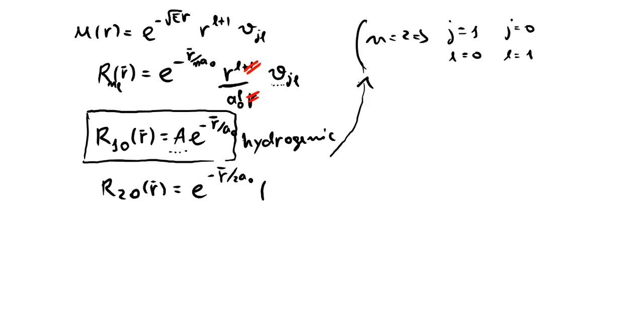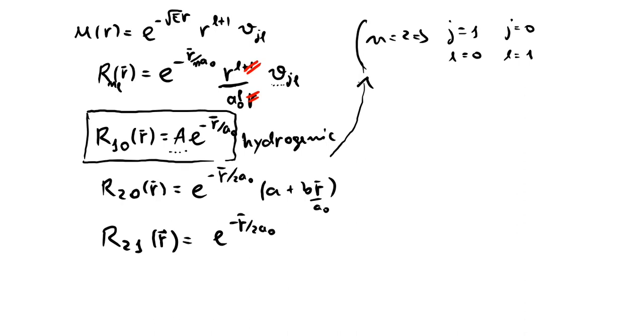So in this example, this is going to be a polynomial. I'm not going to derive this polynomial here, but it's going to be something like a plus b r over a0, and this is the r with a dimension now. If I put R of 2, 1, which is also a possibility, then I have e to the minus r over 2 a0.